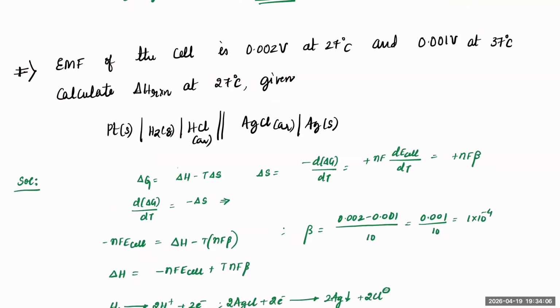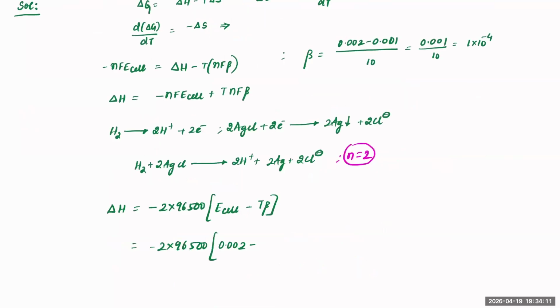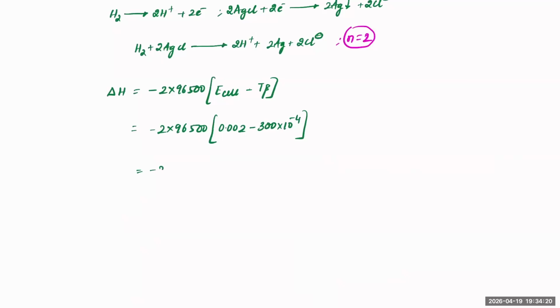Because we need to find out at 27 degrees, T is 300, so 300 times beta, which is 10 raised to power of minus 4. So that is equal to minus 2 into 96500 and minus 0.002, and this will anyway become 0.03, correct? This is the value we will have, 0.03.